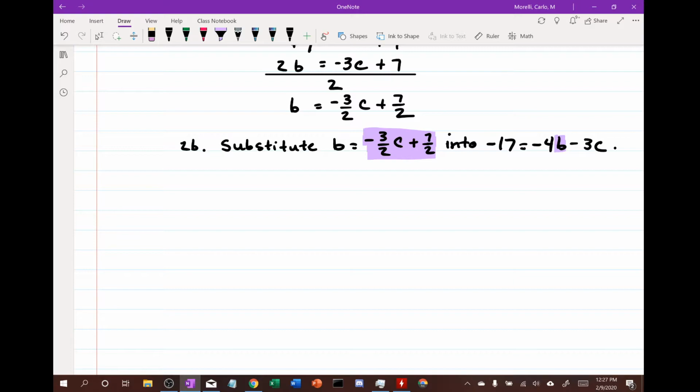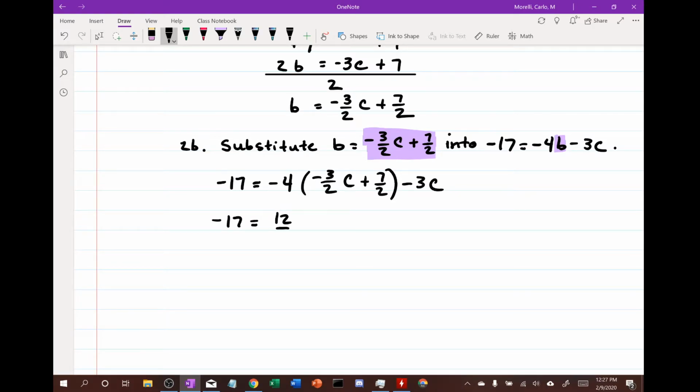Okay? So -17 equals -4, open parentheses, -3 over 2c plus 7 over 2, close parentheses, minus 3c.